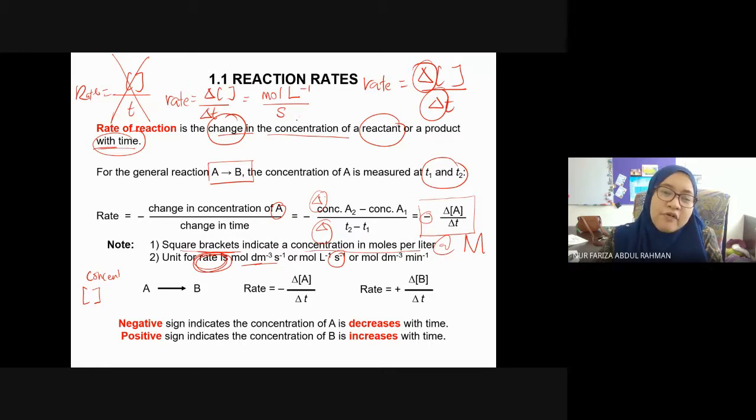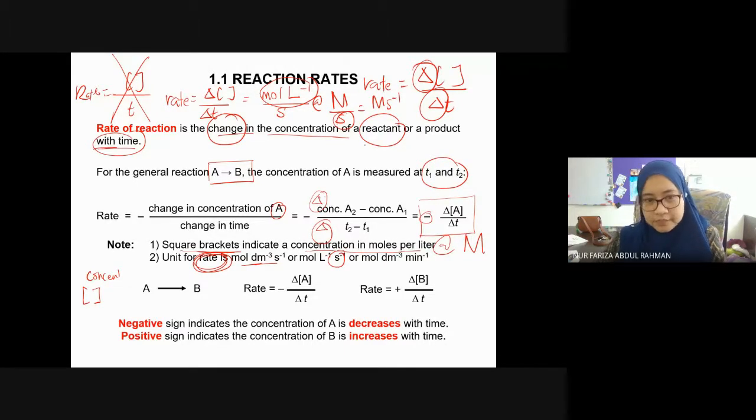This is the unit for rate. Need to memorise? No need, but if you want to memorise it, you can. Even if you don't, you may derive it from the formula itself. This is also the same as molar, because this is molar over s, also the same as M s^-1. You can also replace second with minute, hours, months or whatsoever, as long as it is time.